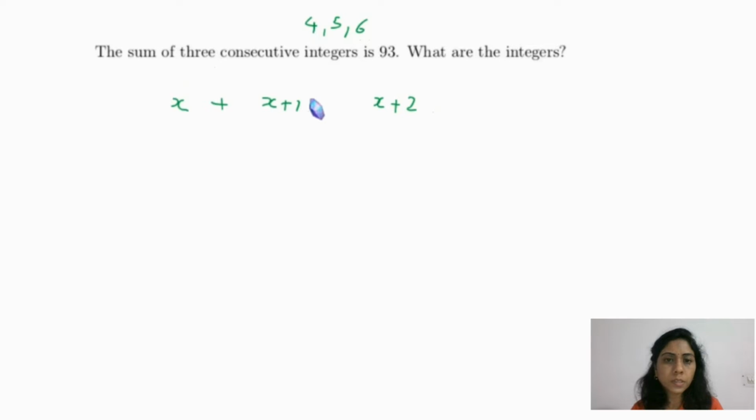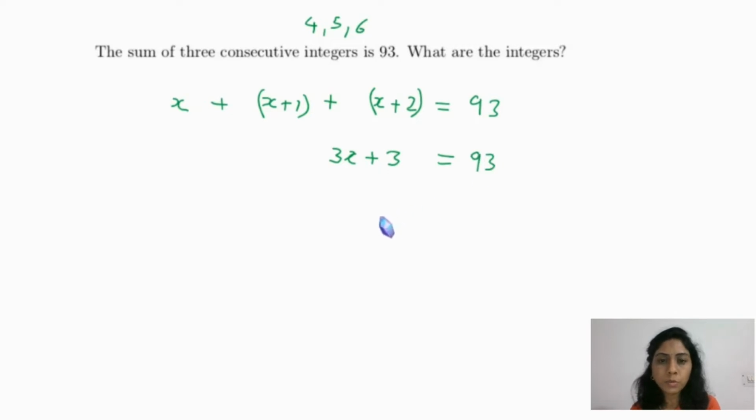You can add them because here says the sum of these numbers. Okay, is equal 93. Now open parenthesis and combine like terms, so 3x plus 3 equal 93. Now subtract 3 both side, we get 90.